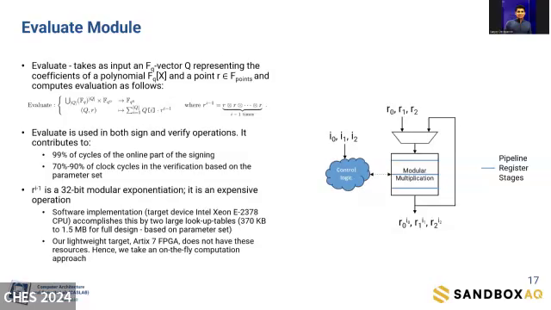When we profile the SDITH algorithm, evaluate is used in both sign and verify operations, and it contributes to 99% of cycles of the online part of the signing and 70 to 90% of clock cycles in the verification, based on which parameter set we are operating in.